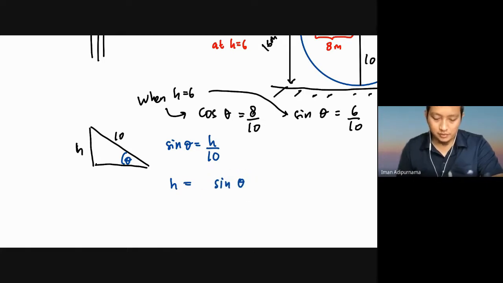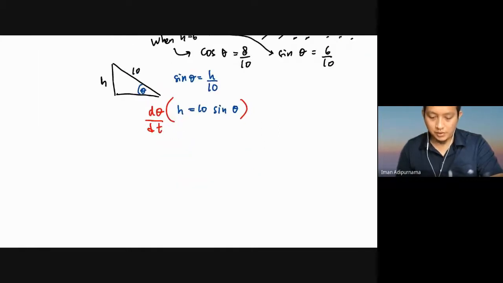Then dh over dt is 10 cosine theta d theta over dt.